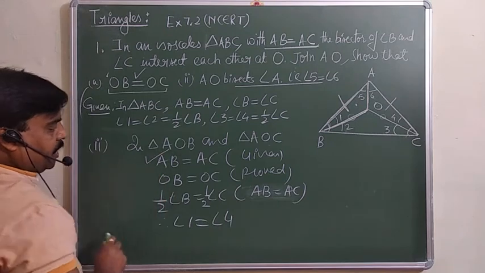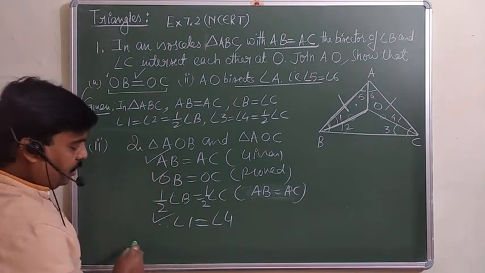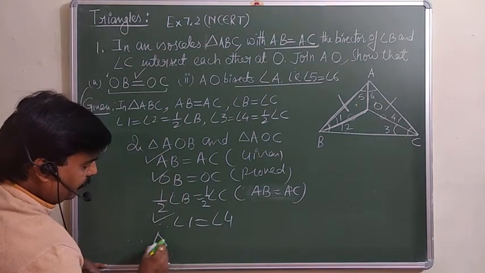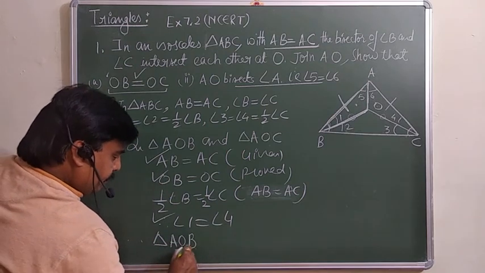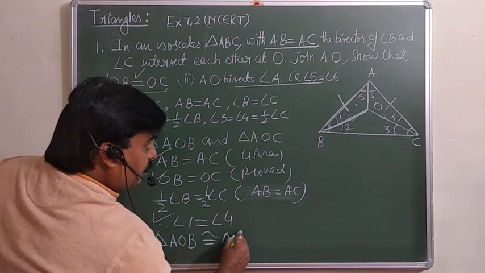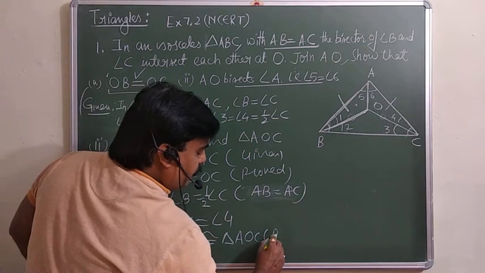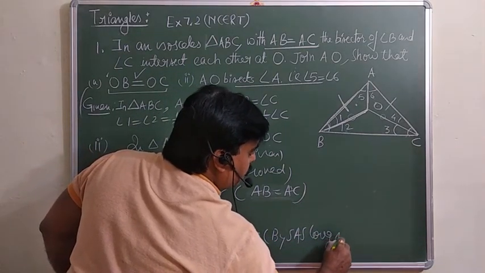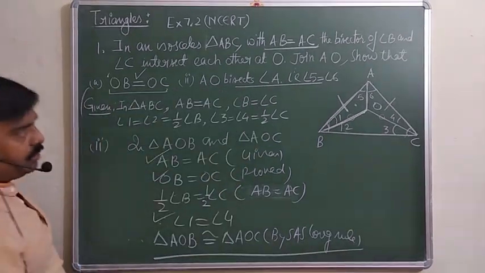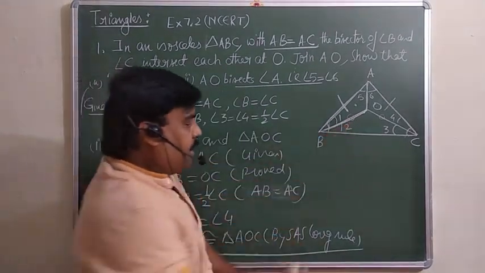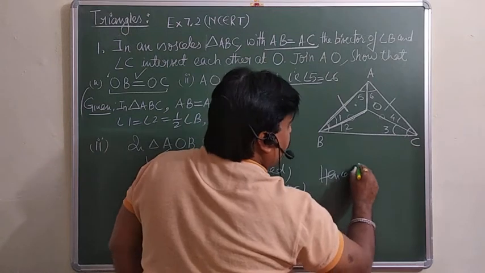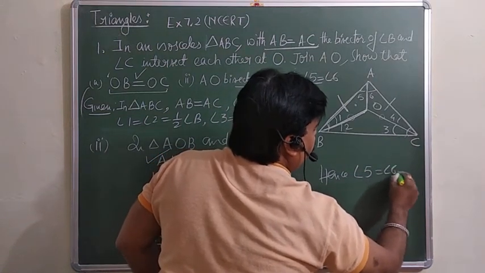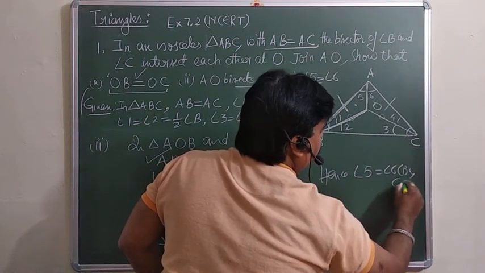So two sides and the included angle. Therefore, triangle AOB is congruent to triangle AOC by the SAS congruence rule. Once they are congruent, hence angle 5 is equal to angle 6 by CPCT.